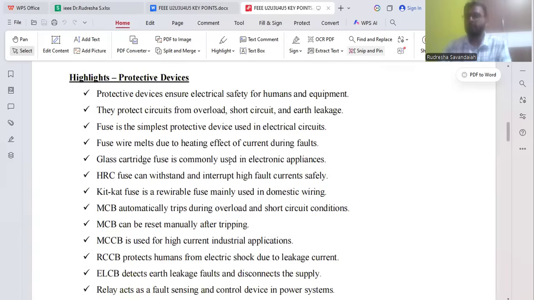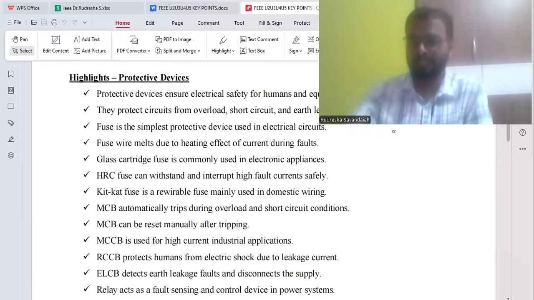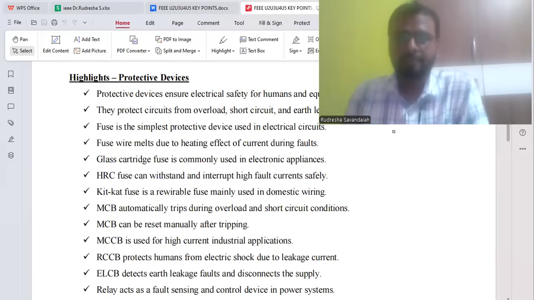Highlights of protective devices. This is very, very important. Protective devices ensure electrical safety for humans and equipment.